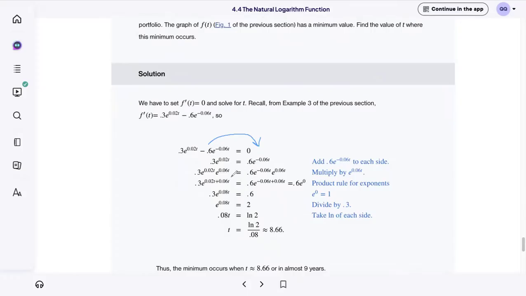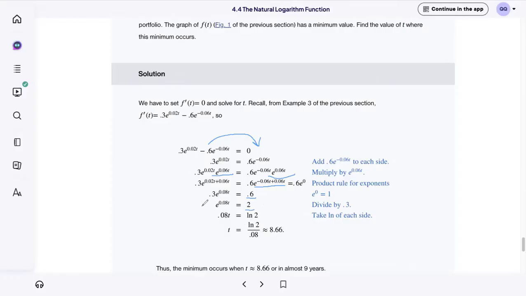Now let's get rid of the 0.06t by multiplying e raised by 0.06t on both sides. Then this side we get e raised by 0, which is 1, so we only have 0.6 left. That's how we combine those two terms. Then we divide by 0.3 on both sides. So we get 0.6 divided by 0.3, which is 2.